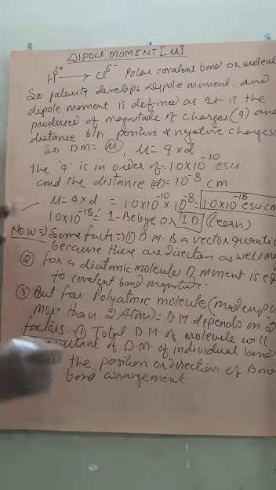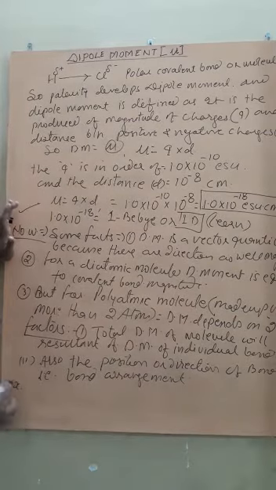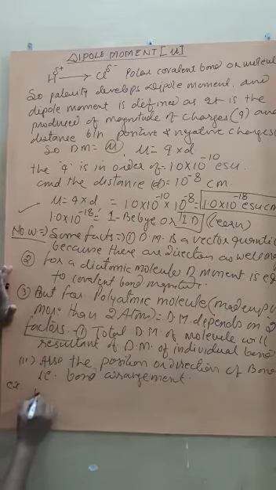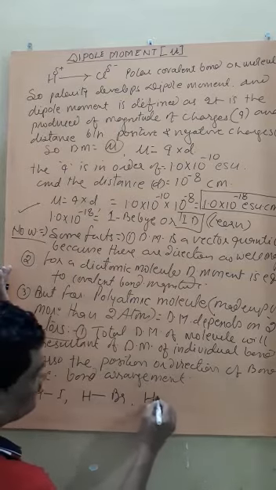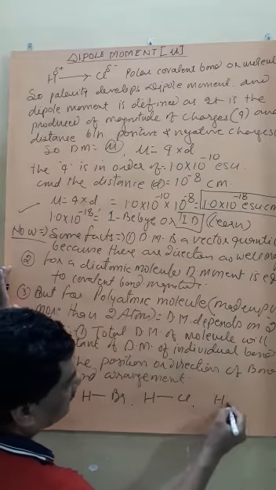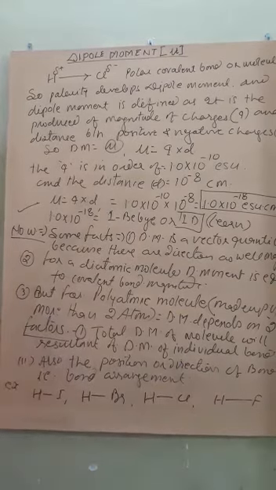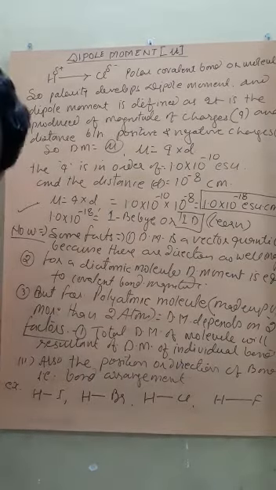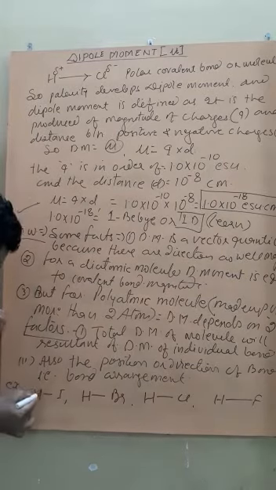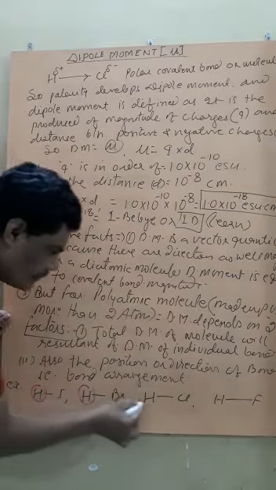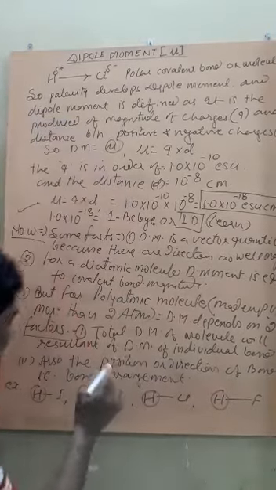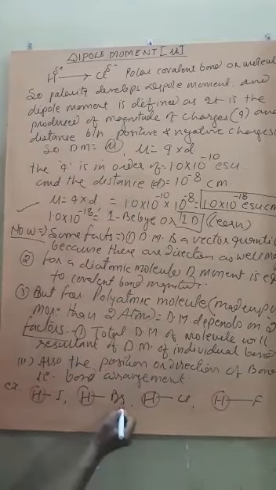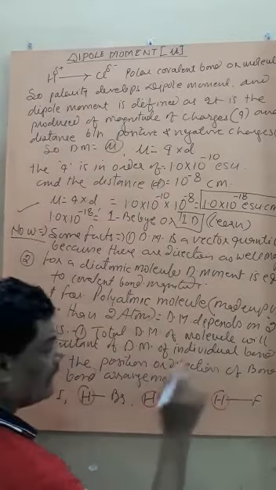Are you getting? Example, HI, HBr, HCl and HF. In all these compounds, one of the atoms is common, what? H. But the other bonding atom is different: iodine, bromine, Cl atom and F atom.